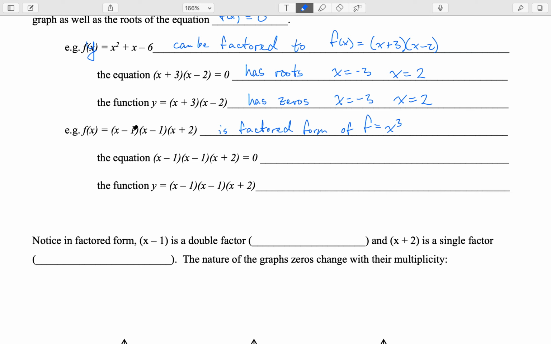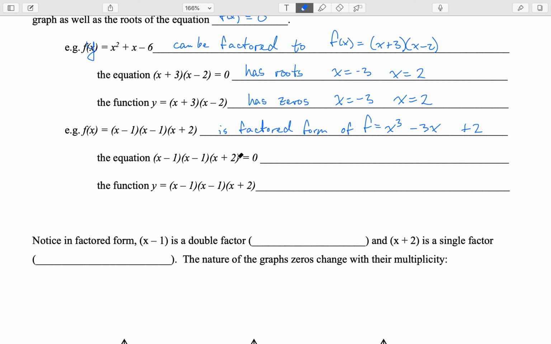It's going to be negative 1 times negative 1, which is positive, and it's going to be plus 2 on the end. You can tell that just by looking at the factored form. If we expand this by FOIL and super FOIL, you would end up getting this, minus 3x plus 2. So this was normally what you were going to be starting with; this is the factored form.